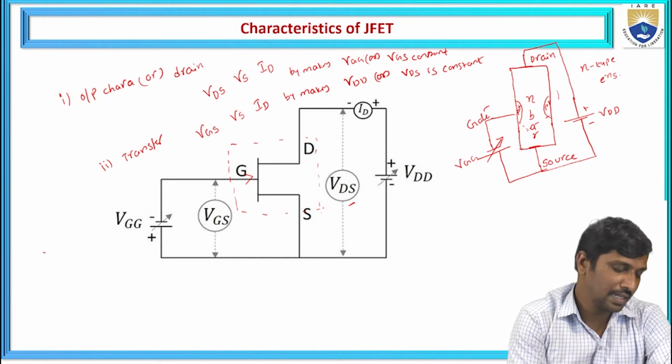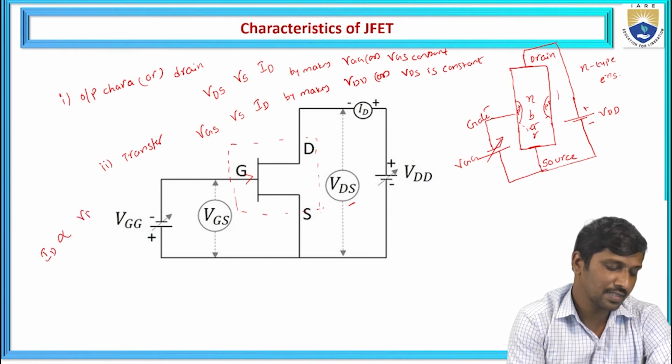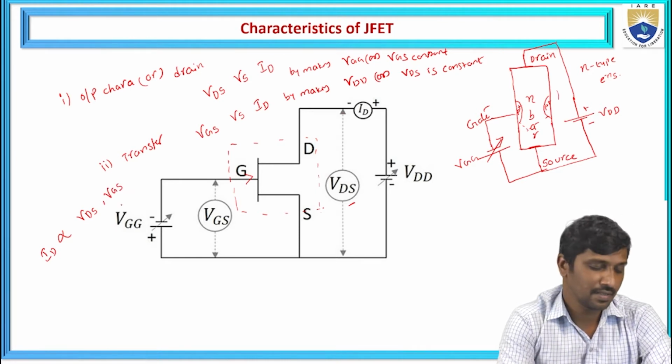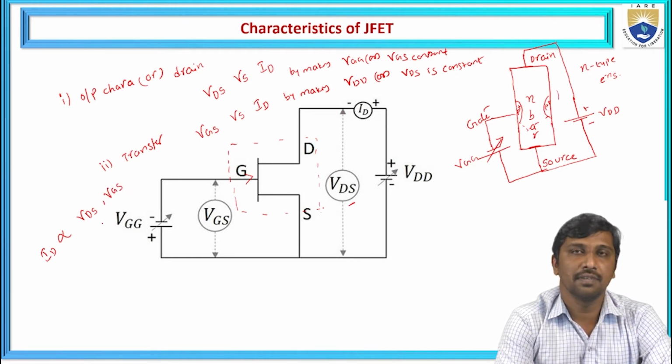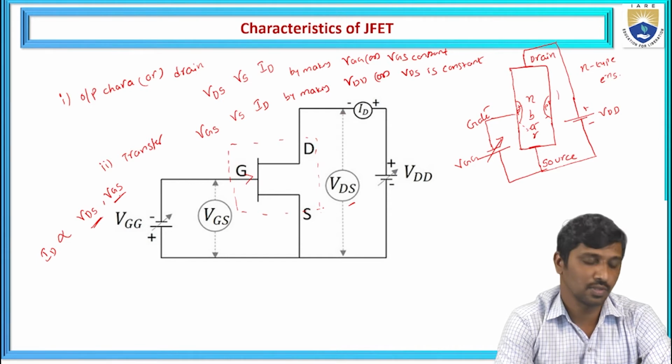Hence, the drain current ID is a function of the two biasing voltages VDS as well as VGS. Means the biasing voltage between drain and the source as well as the biasing voltage between the gate and the source.